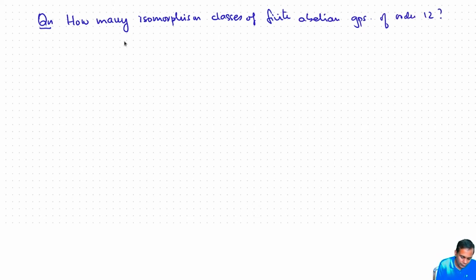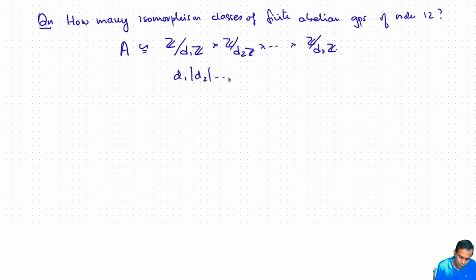So what we want is that A is going to be isomorphic to Z mod d1Z cross Z mod d2Z cross up to Z mod drZ, and what we have is that d1 divides d2 divides up to dr, and of course d1 greater than 1, and the order 12 condition says that d1 d2 up to dr is equal to 12.